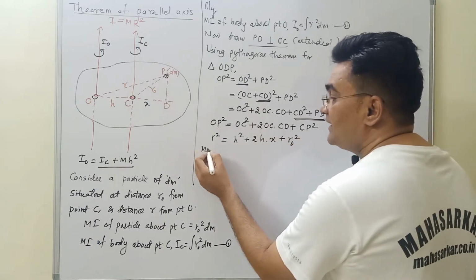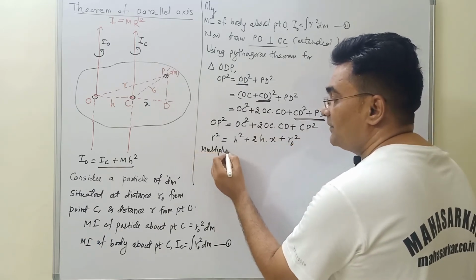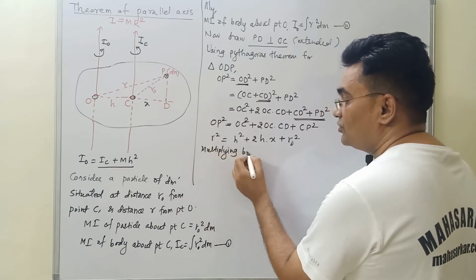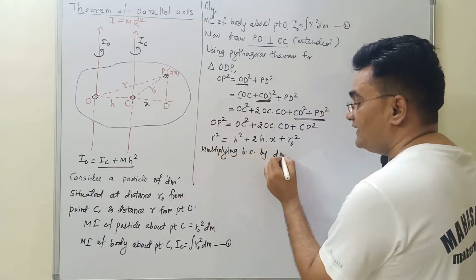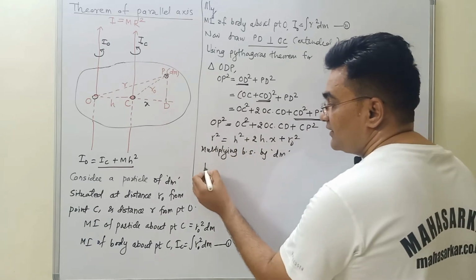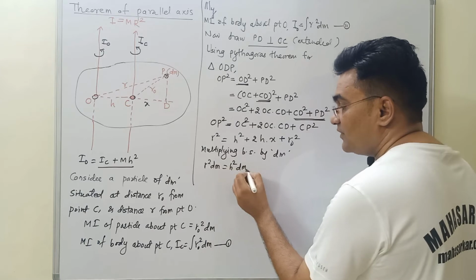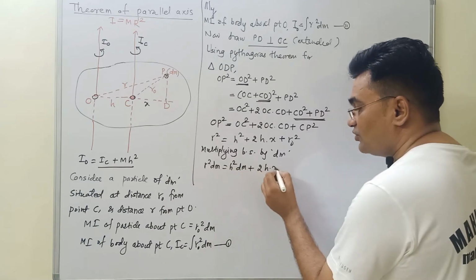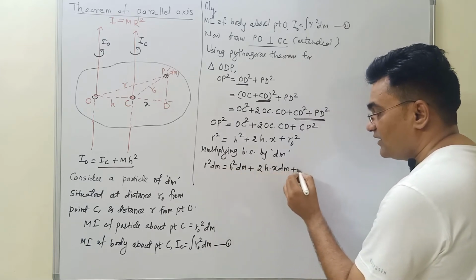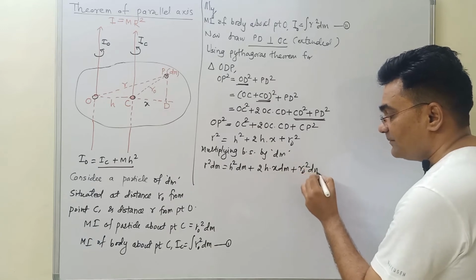Multiplying both sides by dm, we will get R square dm equals H square dm plus 2H into X dm plus R0 square dm.